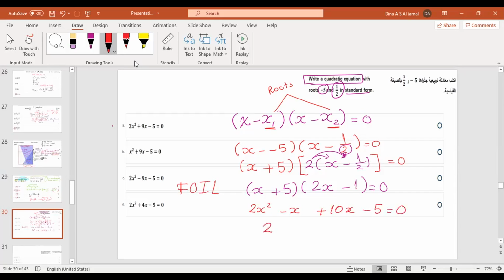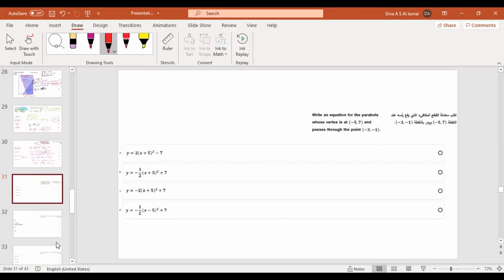Then simplify: 2x squared plus 9x minus 5 is equal to 0. So focus on each term, then choose 2x squared plus 9x minus 5. This is the right answer. That's it. Now let's go to the other question.